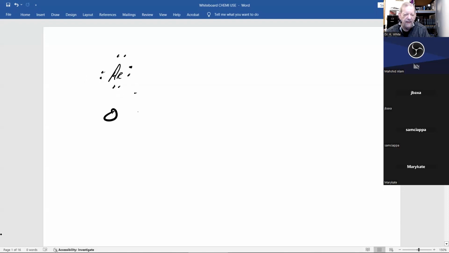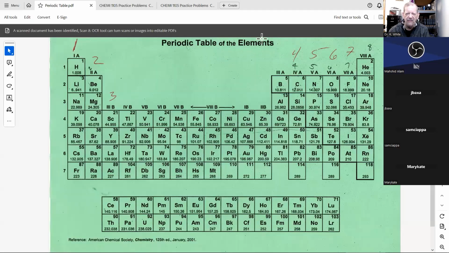Oxygen has 8 electrons and 8 protons. It wants to have the same number of electrons as neon. I had a mental block, but I thought it was neon.